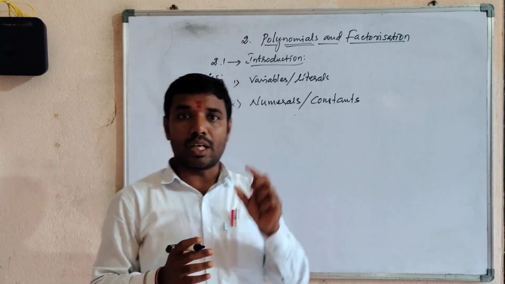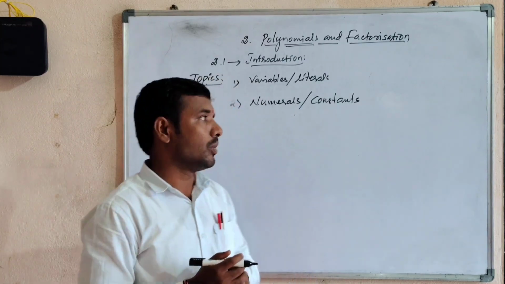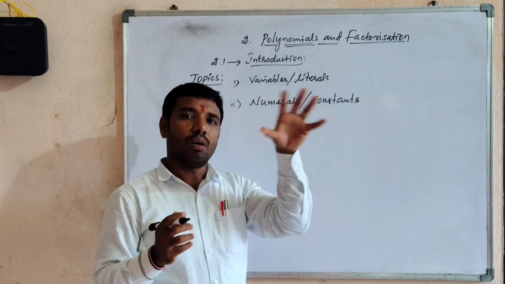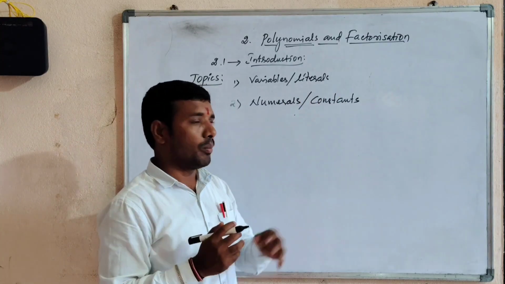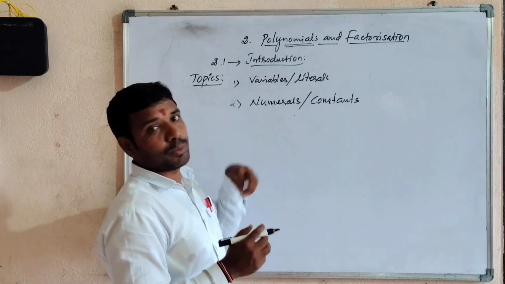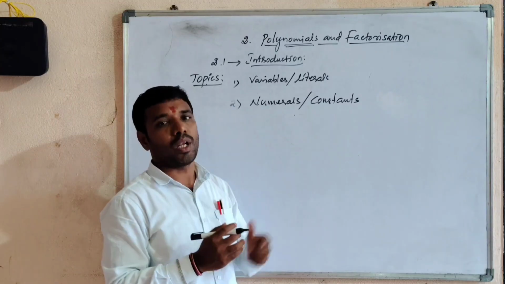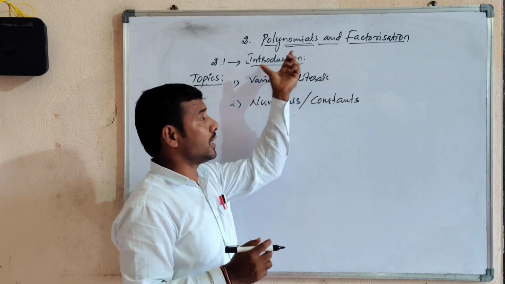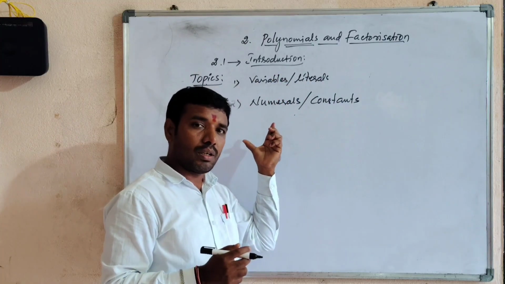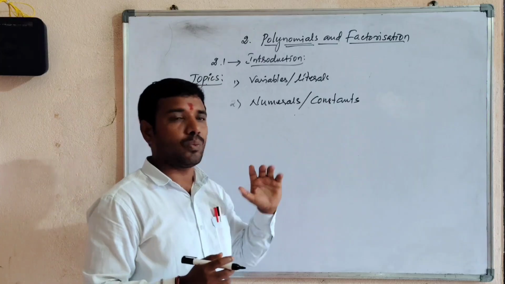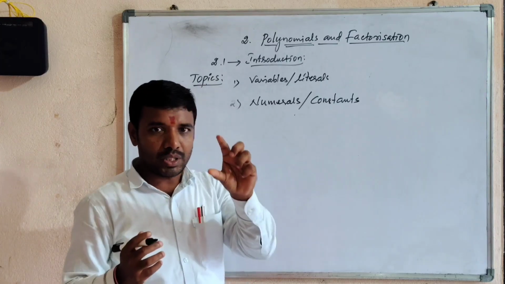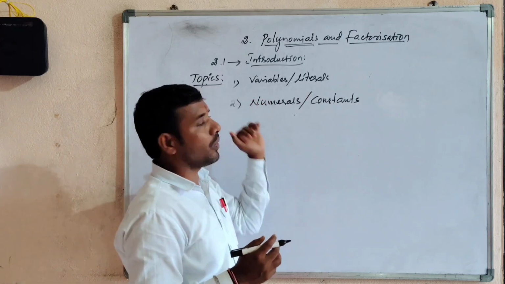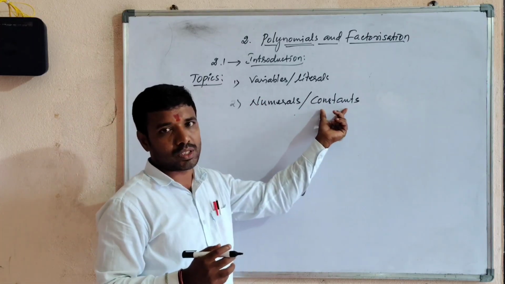In the mathematics number system, all values are called numbers. But the same numbers in the algebra chapter we call numerals. Numerals are constants. Based on the topics we can change the names. In the number system they are called numbers, and in algebra we call them numerals or constants.